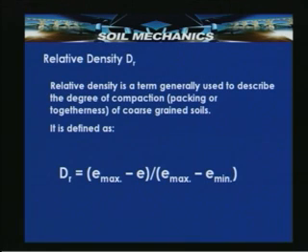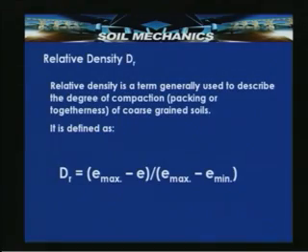So, having seen maximum and minimum void ratios, now let us define a parameter, relative density, which is indicated as D suffix r, which is widely used for indicating the compactness of coarse grained soils. So, relative density is a term generally used to describe the degree of compaction, packing or compactness of coarse grained soils, and it is defined based on maximum void ratio, intermediate void ratio or in situ void ratio, and minimum void ratio, which is given like this here.